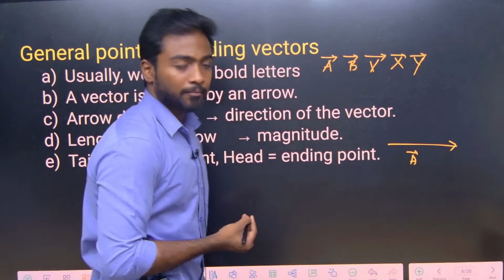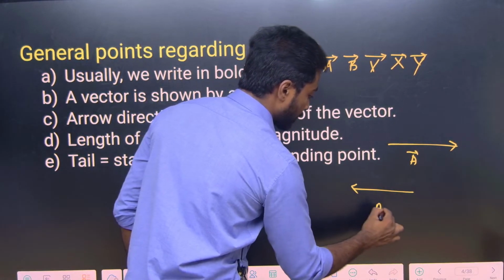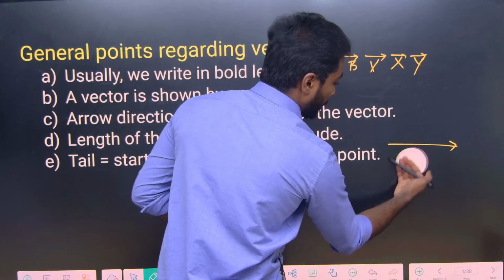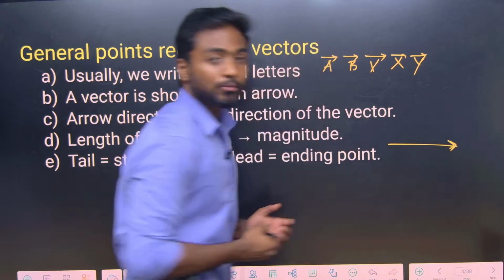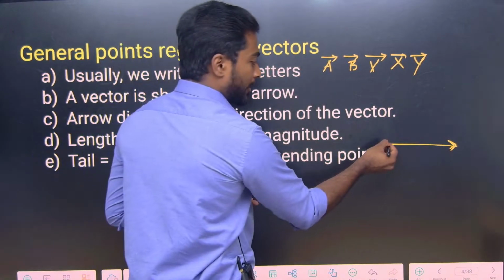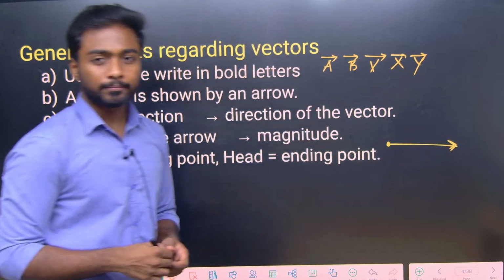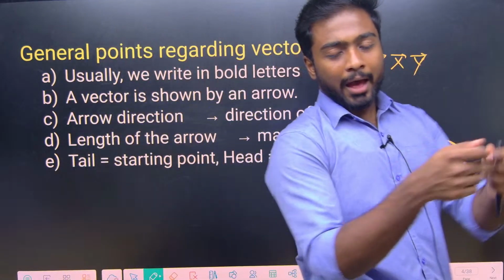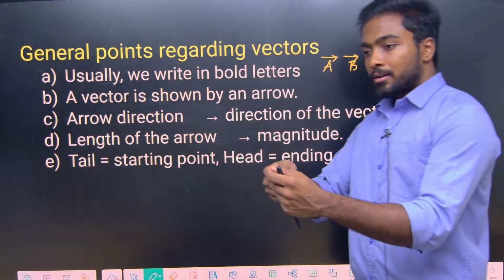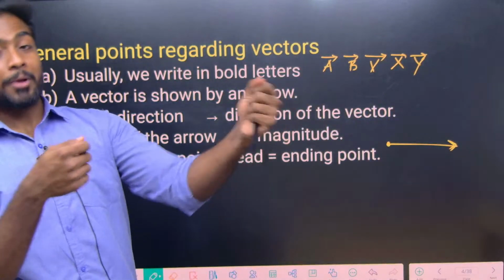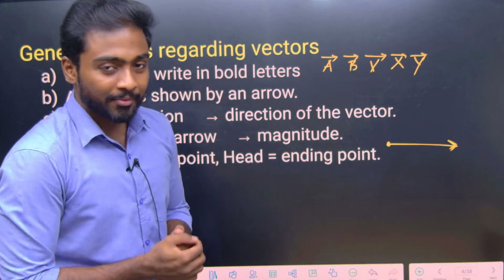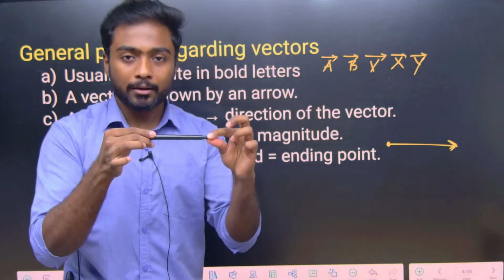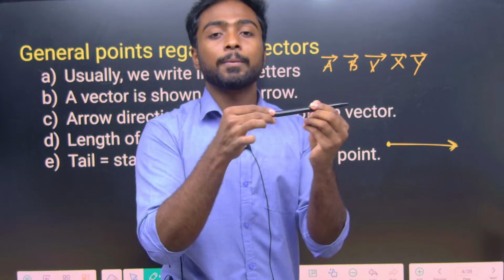This is my direction, like the arrow direction. If I talk about only this one, this is the direction of the vector. There is a tail and a head. Like if I take an arrow, and I want to aim at a person, for example, the sharp point will be the head and the edge will be the tail.